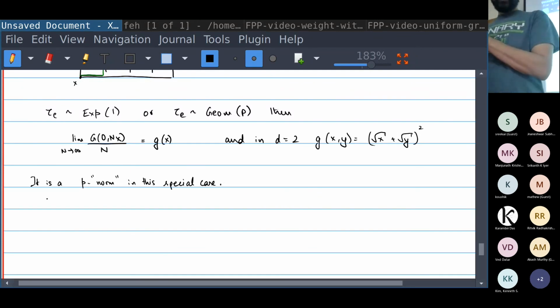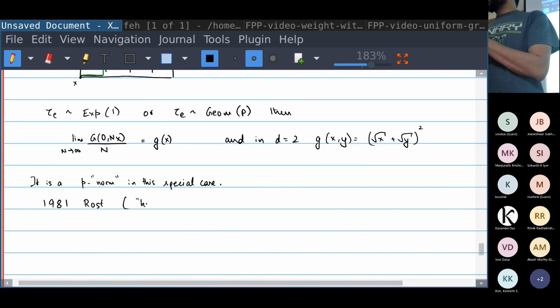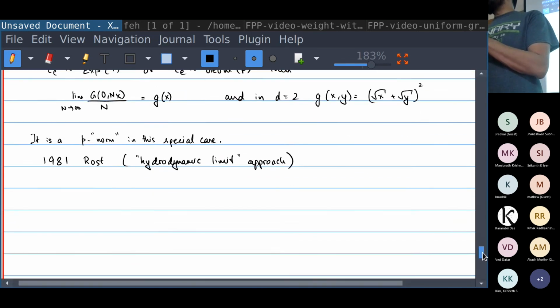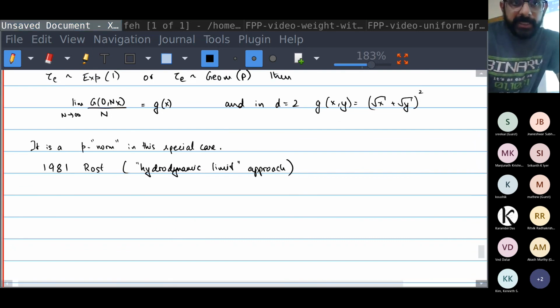So the original proof was in the early 80s due to Rost, who used a sort of hydrodynamic limit approach. But since then, there have been many proofs of this fact, and let me just look up the history.